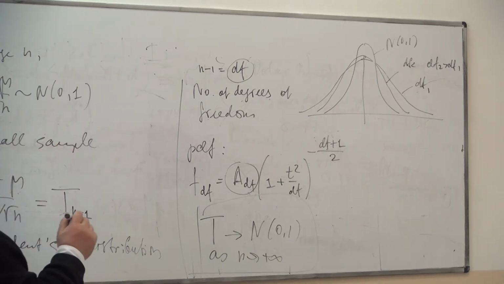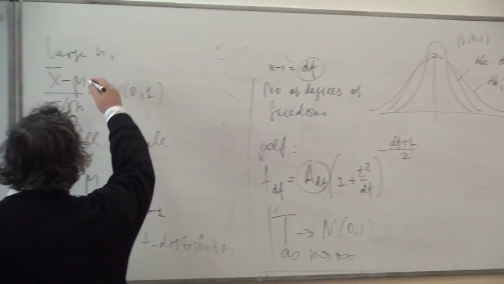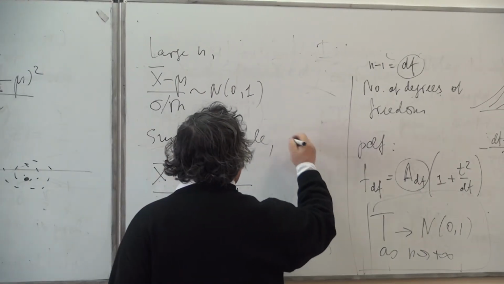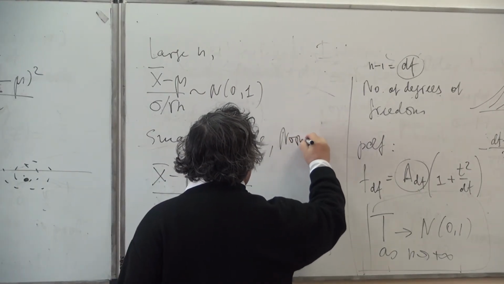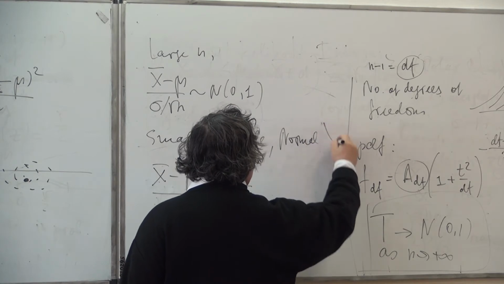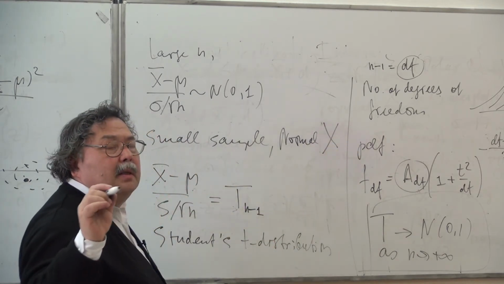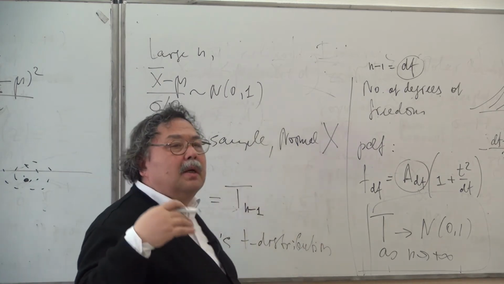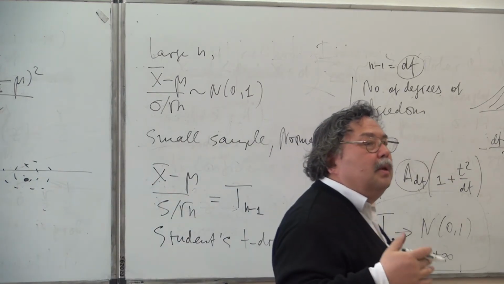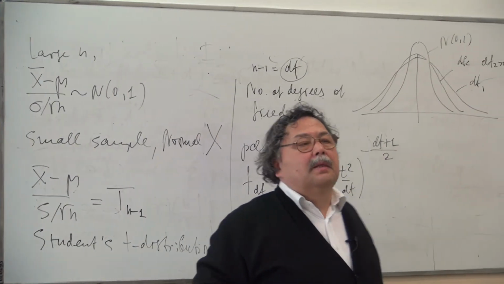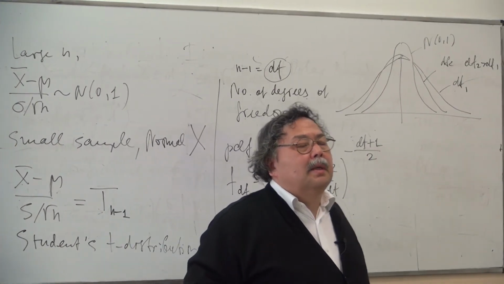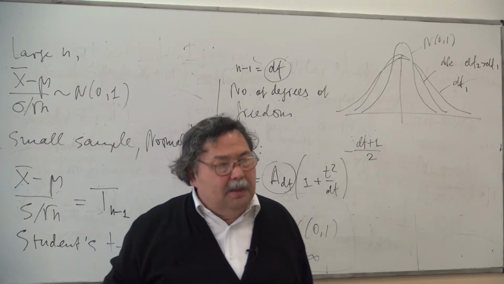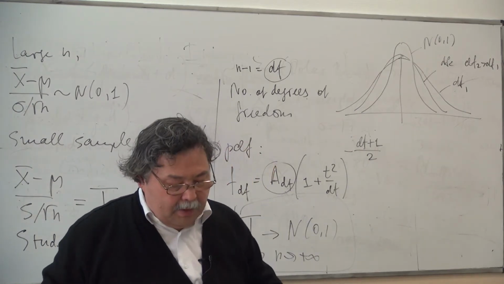Okay, I think I missed something. Small sample and normal x. Please identify this in your notes and add this important condition. So, when we talk about a small sample, we make this important assumption additionally, that it must be a normal distribution.